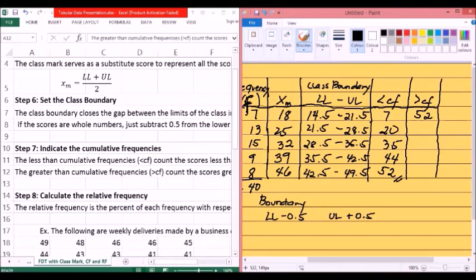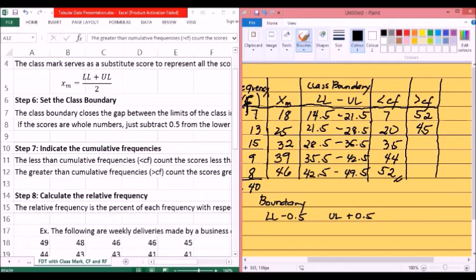So, bilangin natin 13 plus 15 plus 9 plus 8. Or pwedeng 52, bawasan mo lang ng 7. So, 13 plus 15 plus 9 plus 8, hindi nakasama si 7 dahil hindi naman siya lesser than 21.5. So, that one is 45.